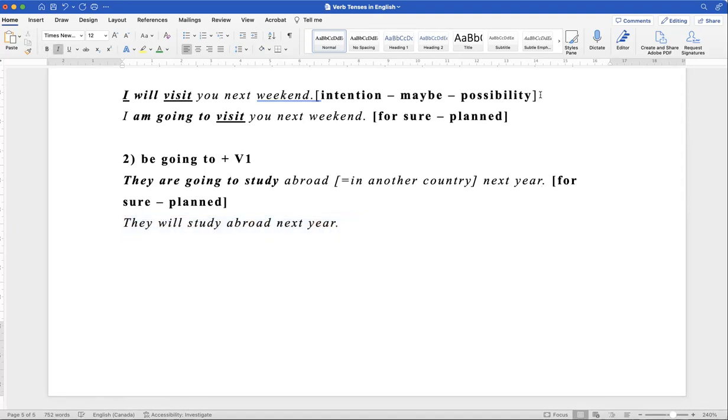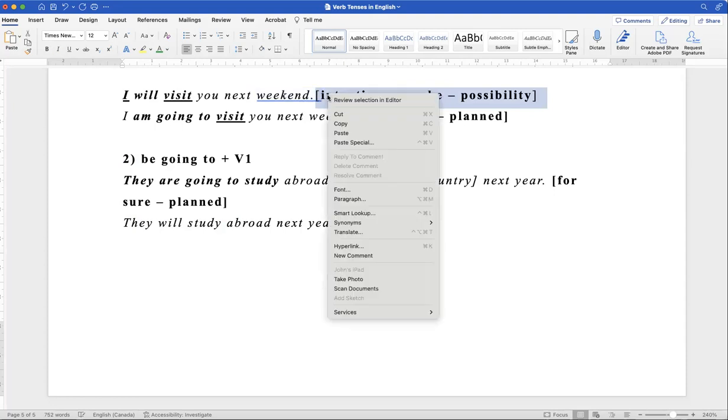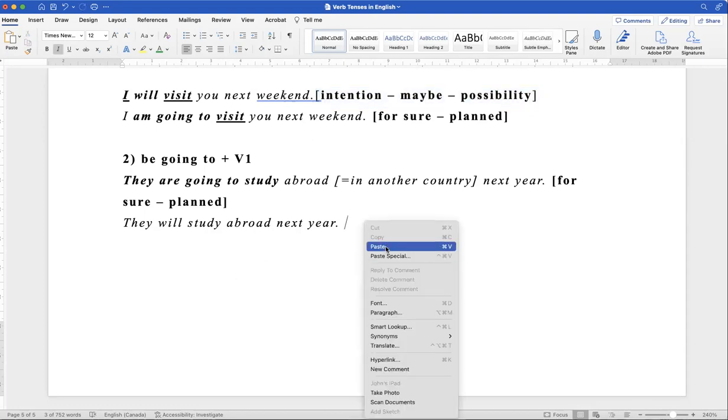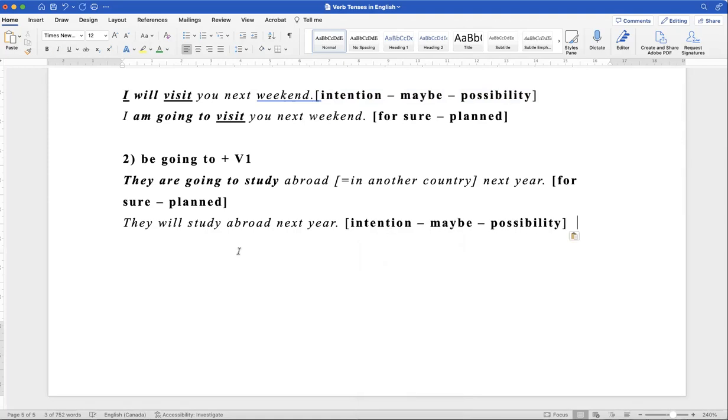The only difference is like the previous one. One is talking about an intention, and the other one is talking about a plan. So in this one, it's an intention, possibility.